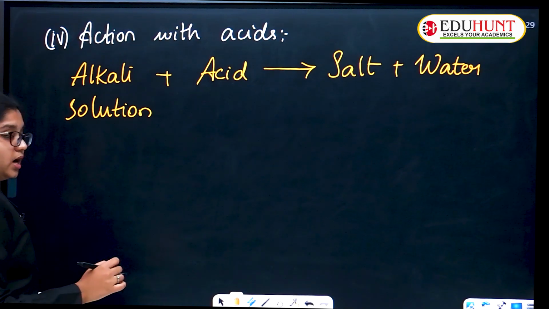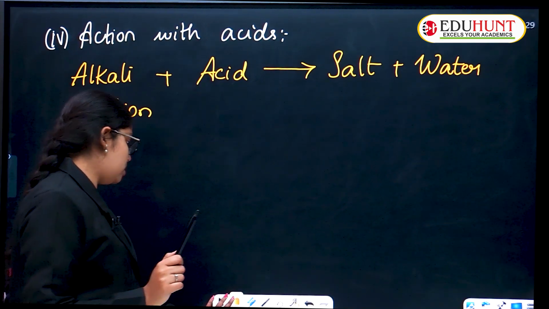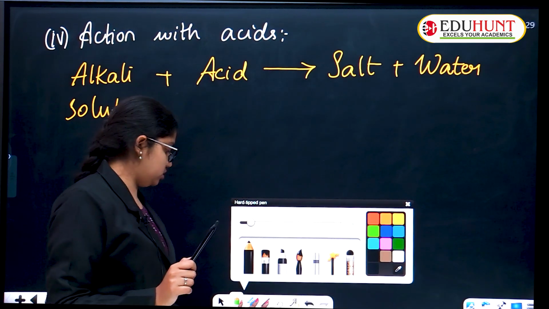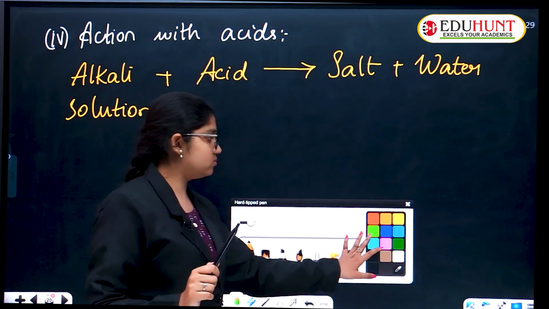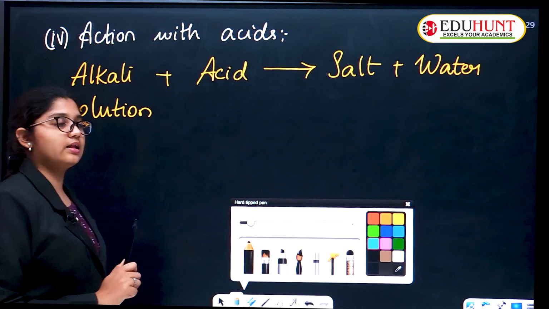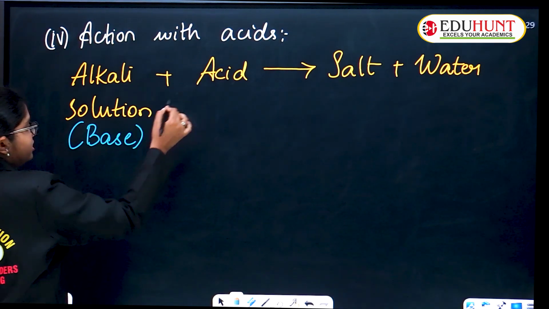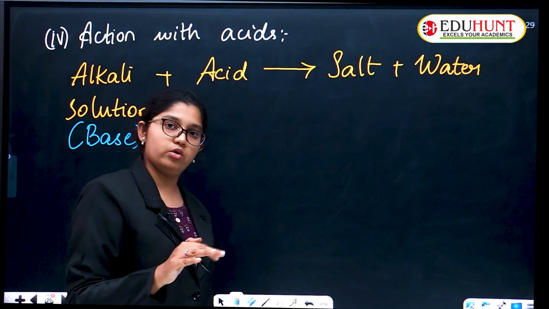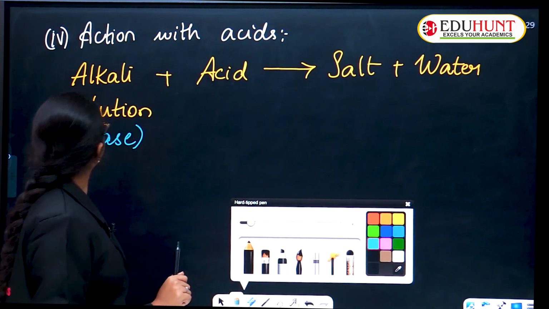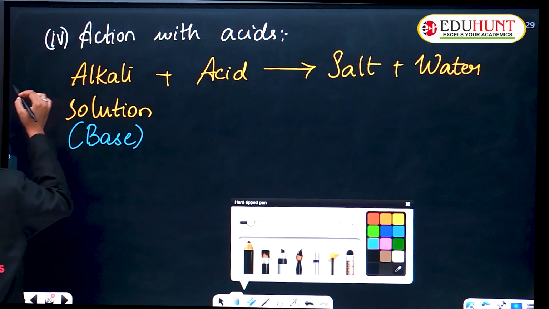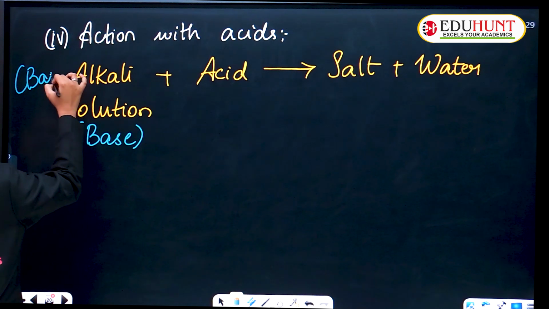It generally gives you a salt plus water. Why does it give salt plus water? Because alkali is nothing but a base. Yes. So acid plus base gives rise to salt plus water. Yes, very good. Okay, clear now? I'll write here for you.